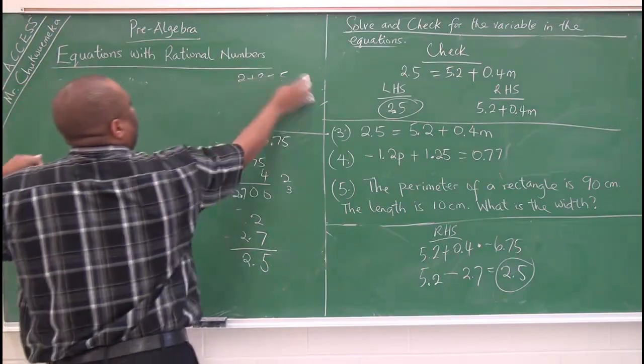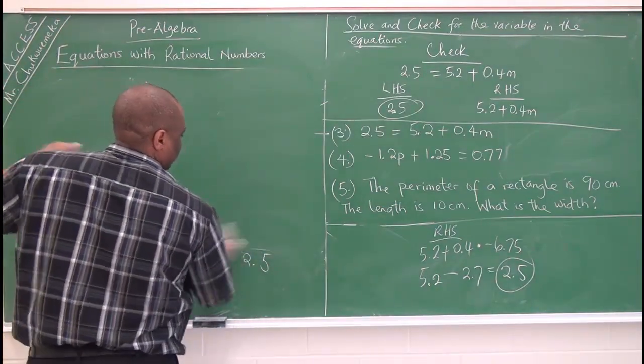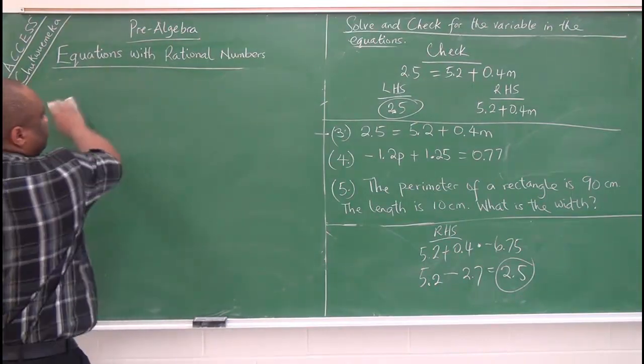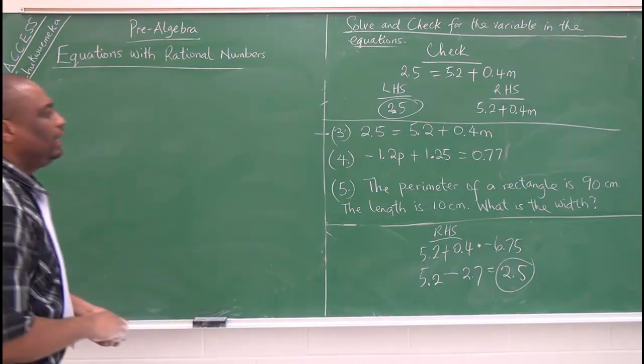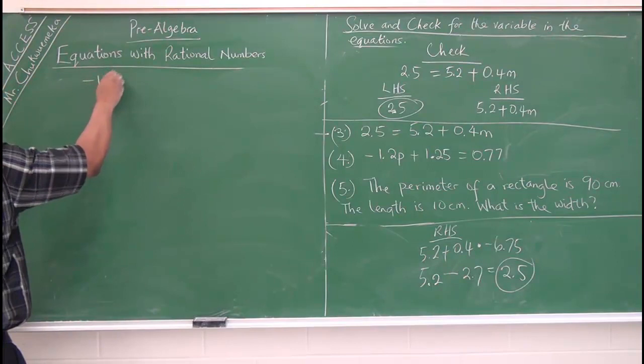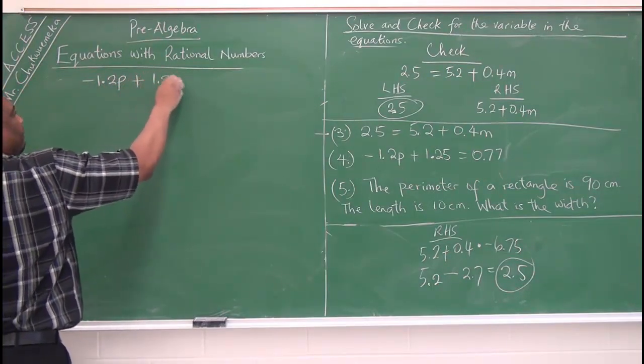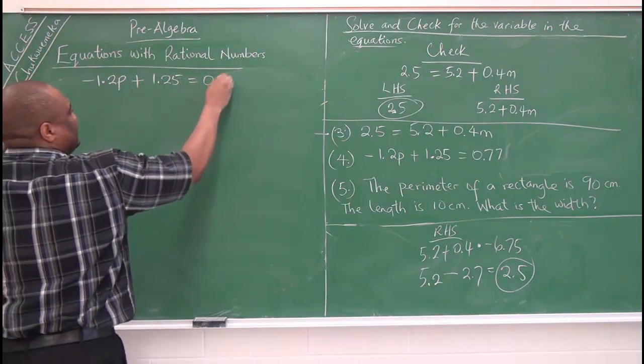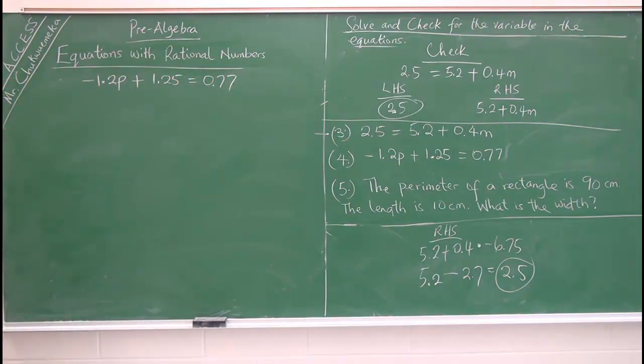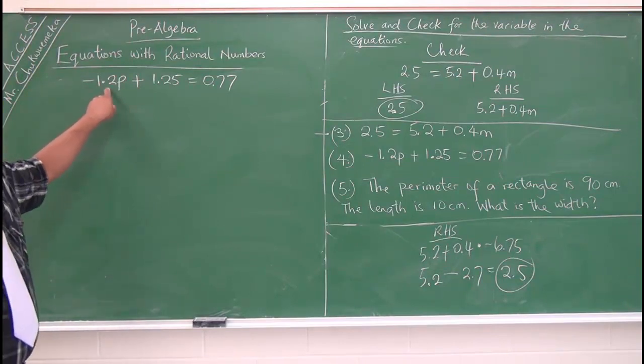Question 4. Negative 1.2p plus 1.25 equals 0.77. All right. How many decimal places is here? 1.